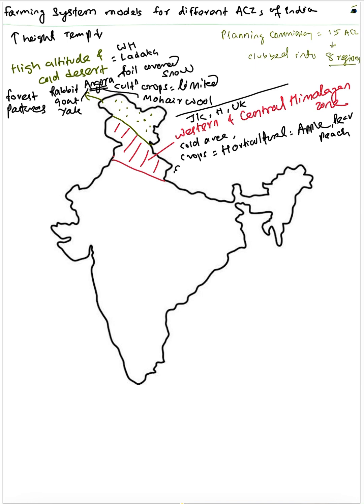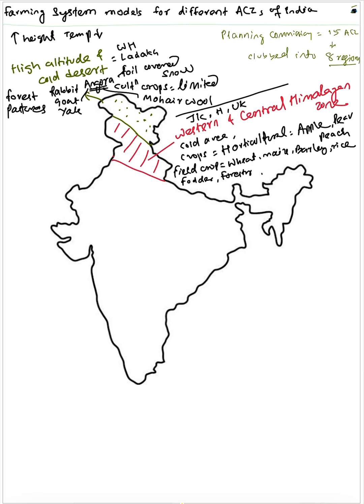With respect to field crops, among field crops we can majorly take wheat, maize, and barley, and in some regions maybe rice, as well as some fodder. Because of the high altitude, here also we go for fodder, that is pasture, as well as forestry.